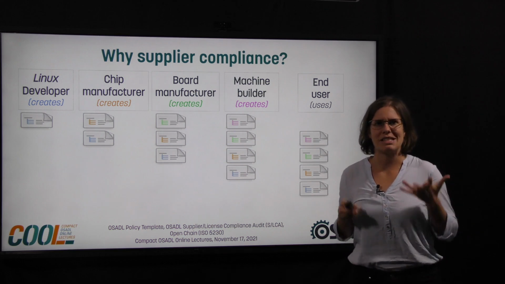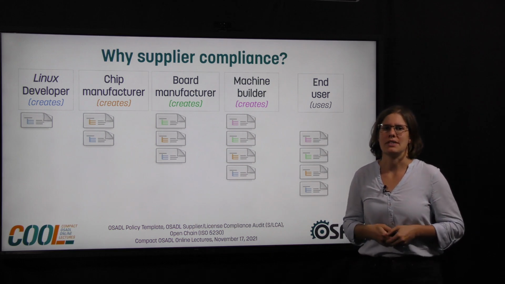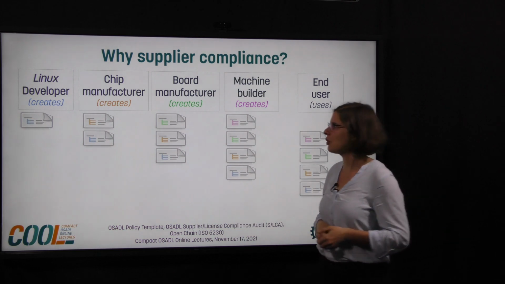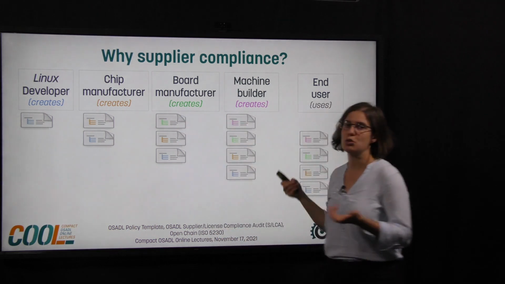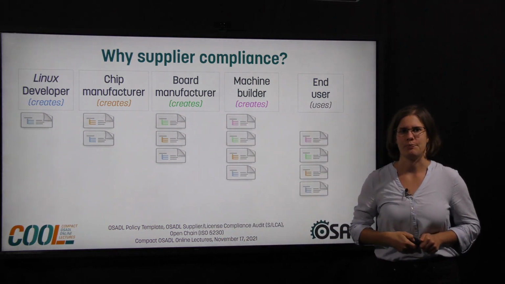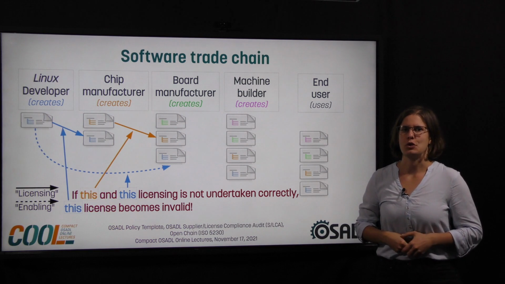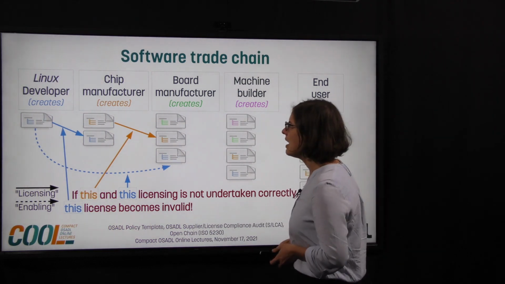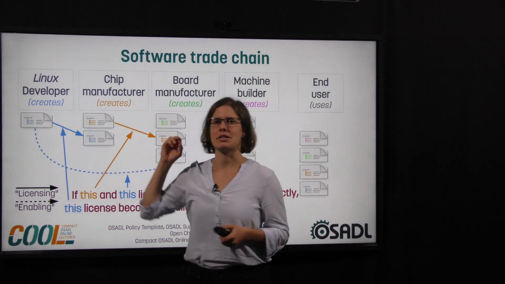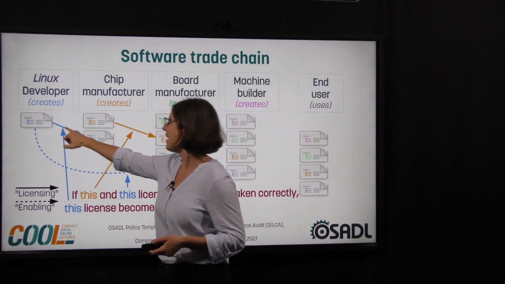Now, how does licensing work in such a case? Because of course every creator is the copyright holder of their own creation. So what does that have to do with licensing? If we look at this software supply chain, we have two different aspects. Let's say we have licensing.